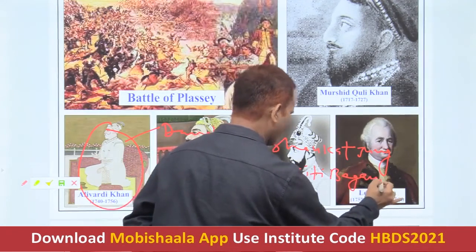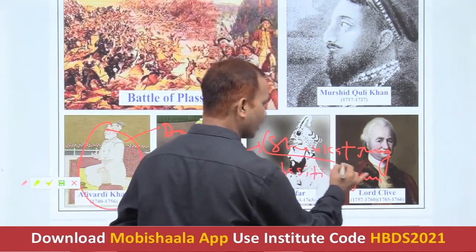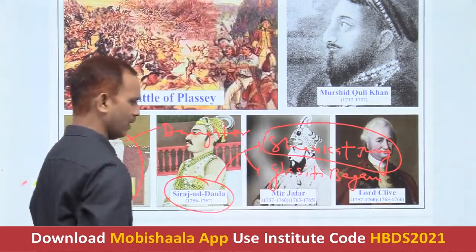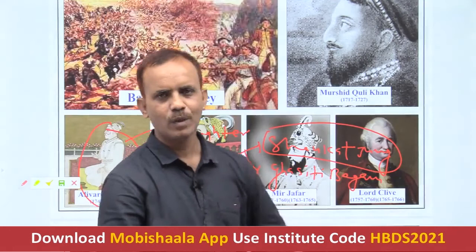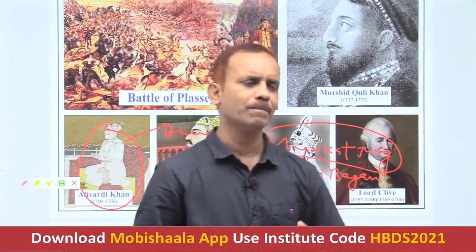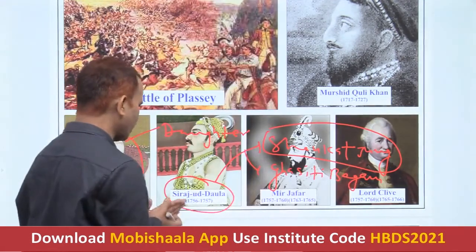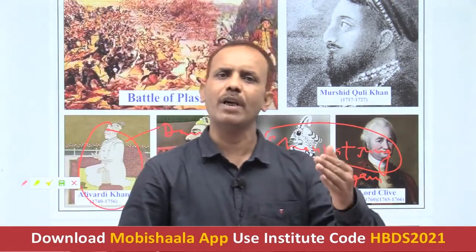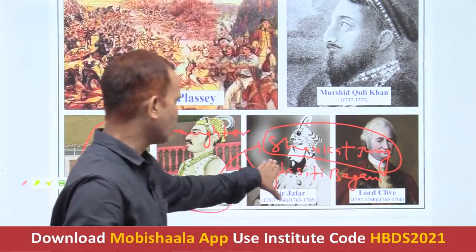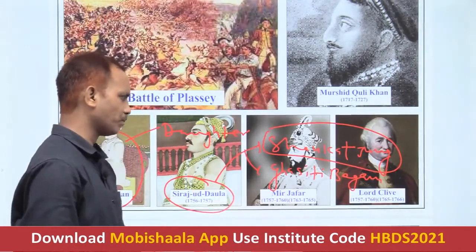Shaukat Jung was a son from another daughter of Aliwardi Khan, and Ghasiti Begum was a daughter of Aliwardi Khan. So it was natural that Nawab Siraj-ud-Dawla was being opposed by both Shaukat Jung and Ghasiti Begum.